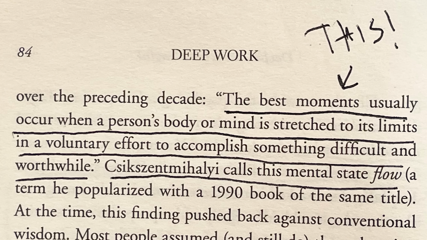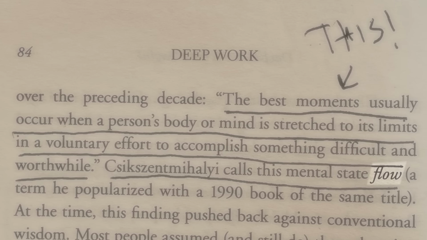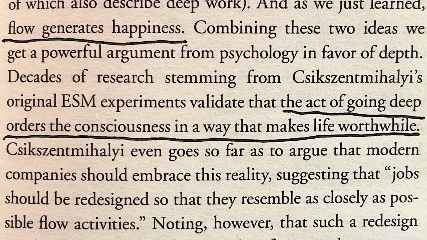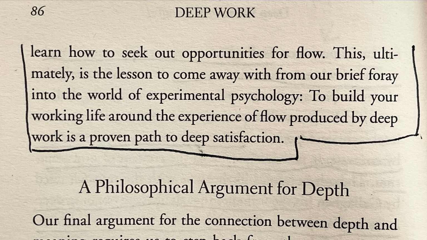Professor Csikszentmihalyi calls this mental state flow. Deep work is an activity well suited to generate a flow state. Flow generates happiness. The act of going deep orders the consciousness in a way that makes life worthwhile. Deep work is a proven way to deep satisfaction.